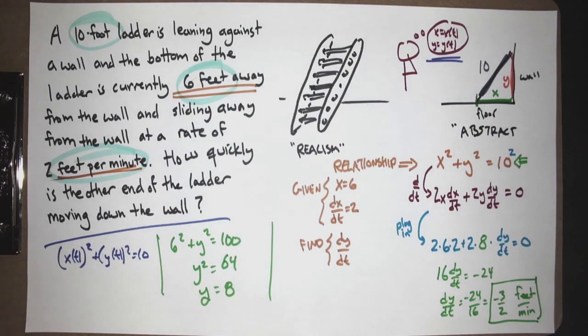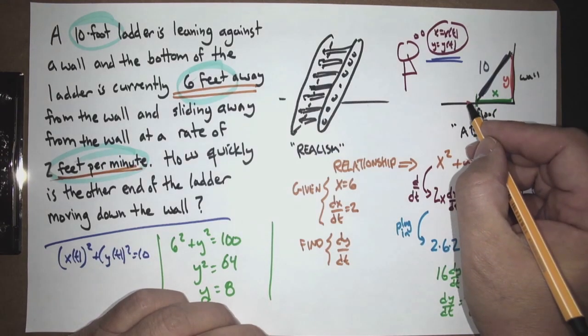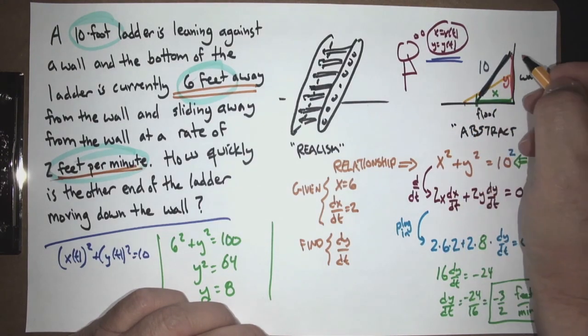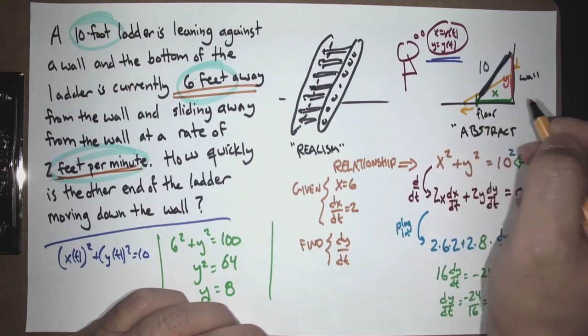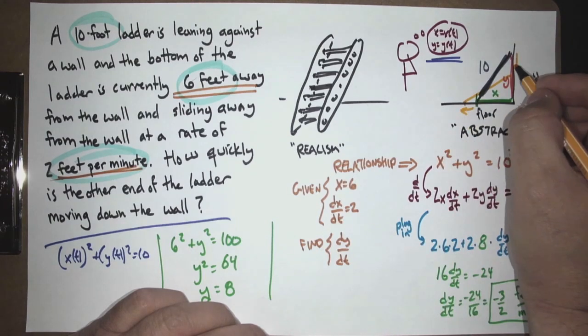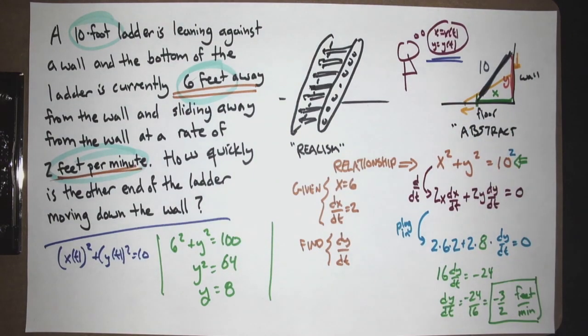And there we go. Now, is this reasonable? Do we like the fact that we got a negative number? Does that make sense? Because what should be true? Logically, if we're sliding down, as x moves further from the wall, then the point of contact should move down the wall.